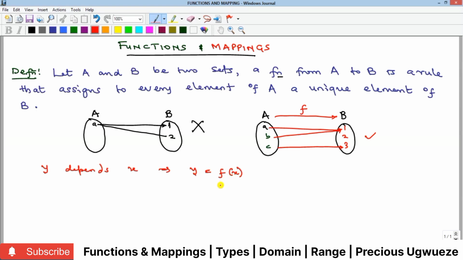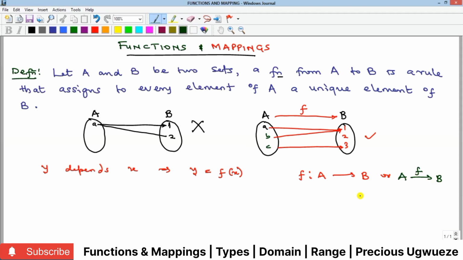And then when we want to represent it as a function moving from one set to another, we can write it this way: f is a function from A to B. This can also be written in the other form, f from A to B. So these are actually the same.